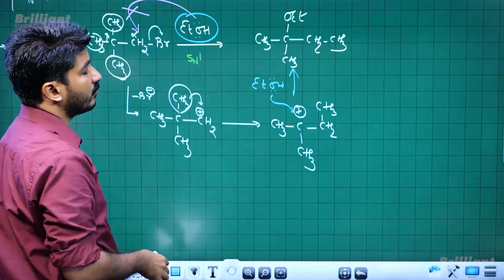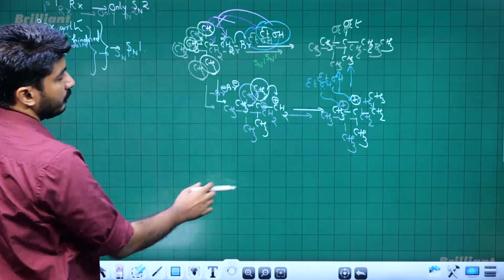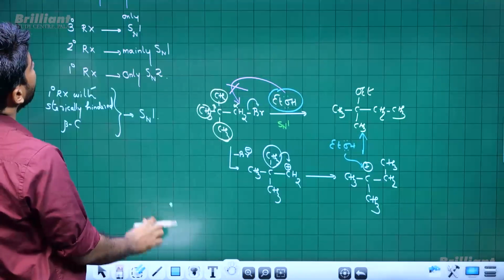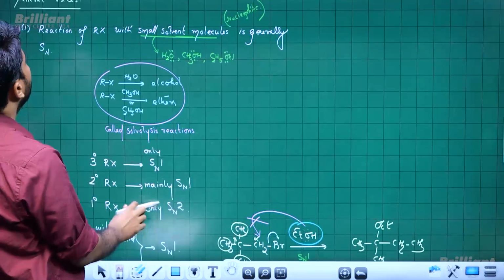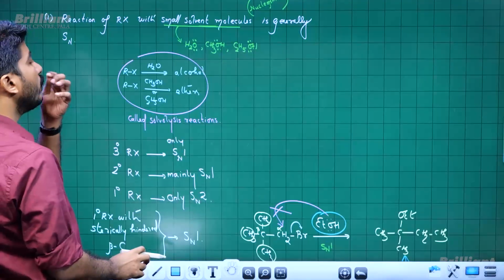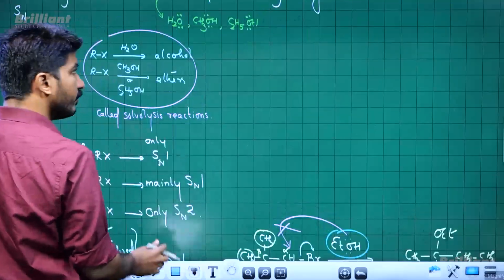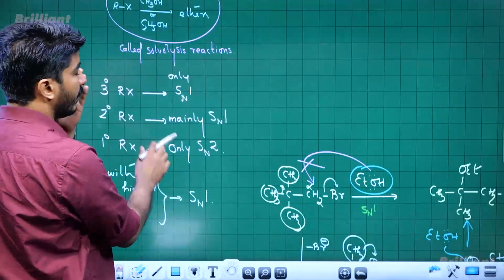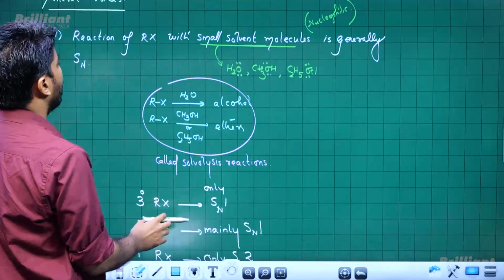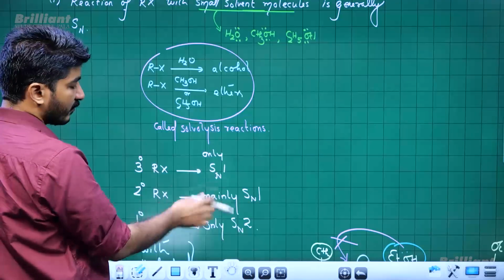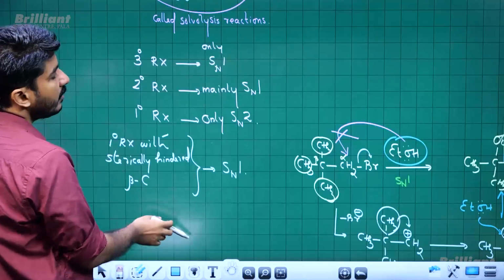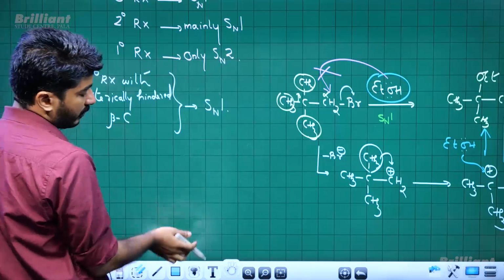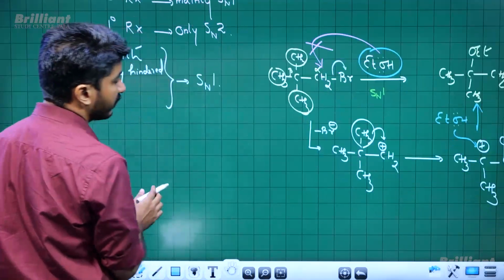Here a polar protic solvent was present. So that is the first rule. The reaction of haloalkane with small solvent molecules generally follows nucleophilic substitution. They are solvolysis reactions, and the mechanism we can decide by looking at the nature of substrate and conditions.